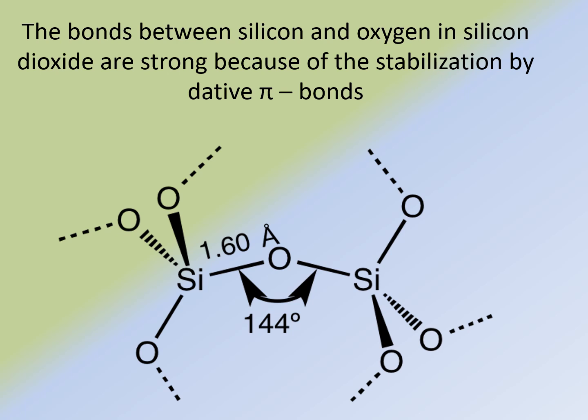And as you can understand, it's hard, solid at normal conditions, unlike carbon dioxide, that is a gas. So why? Because the bonds are very strong, since there are also pi bonds with d orbitals of silicon involved in their formation.